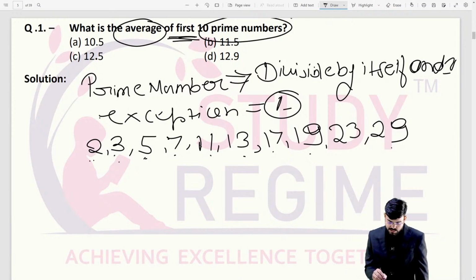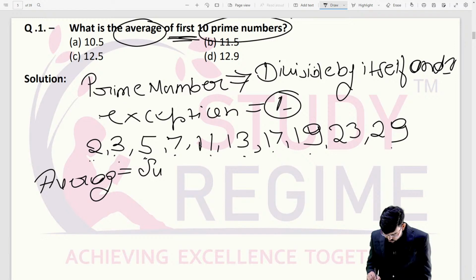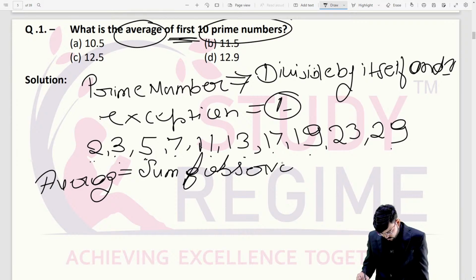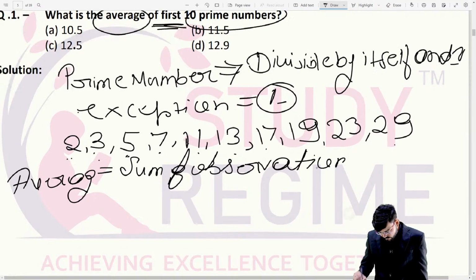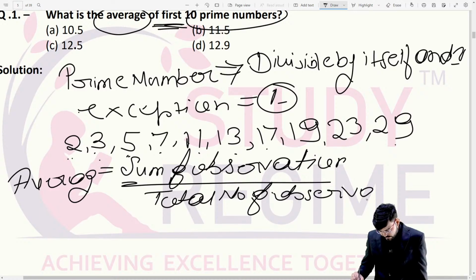Now what is the question asking? The question is asking what is the average of these first 10 prime numbers. So I will write the formula. Average is equal to sum of observations upon total number of observations.